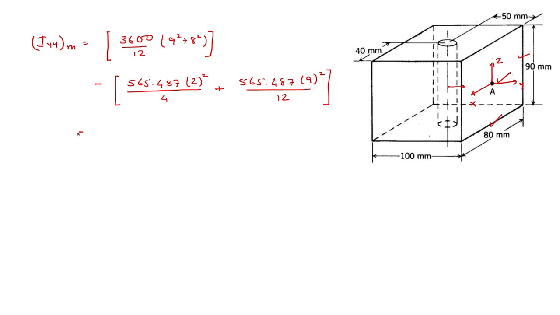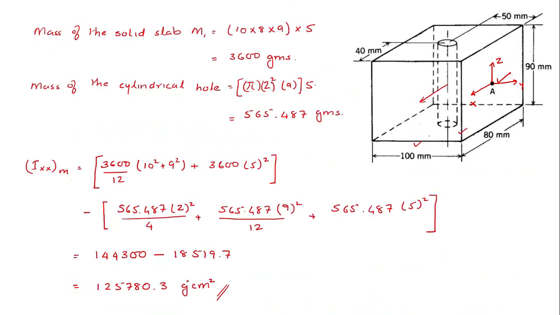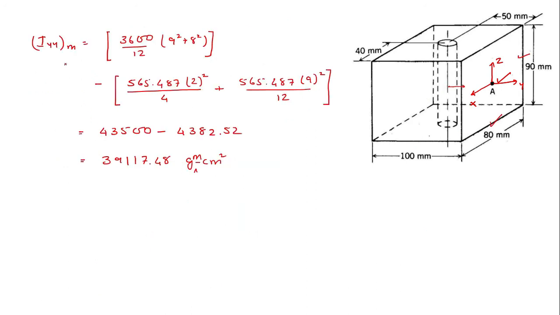Okay, so if I solve this, I would get 43500 minus 4382.52, which would be equal to 39117.48 gram into centimeter square. You can also write it as gm. The earlier slide also you can write it as gm, gram centimeter square. So this is Iyy.